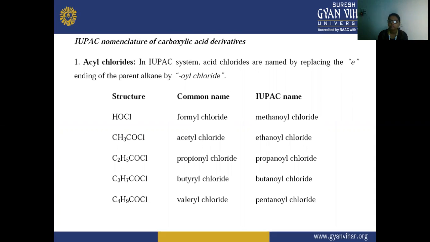So here the first nomenclature of this carboxylic acid derivative is that in the acid chloride, you can see that the OH is replaced by a Cl. So here the chlorine is attached, and in the IUPAC system, these acid chlorides are named by replacing the E ending of the parent alkane with oyl chloride.